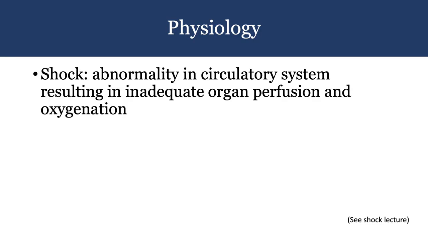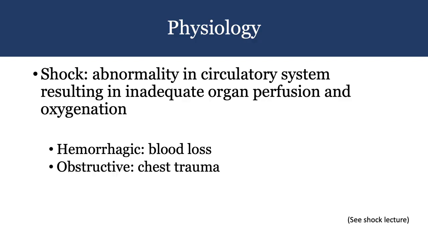So what happens in the physiology? Usually we have a shock state happening, and shock is an abnormality in the circulatory system resulting in inadequate organ perfusion and tissue oxygenation. There are 4 types of shock that we know, the commonest being the hypovolemic shock that gives you hemorrhagic shock, and this can be accounted for because of blood loss.